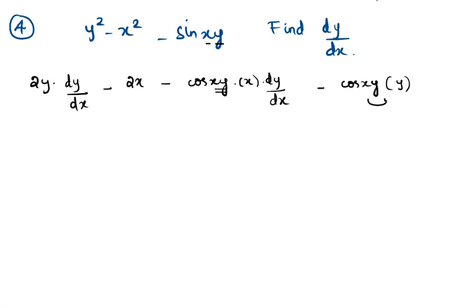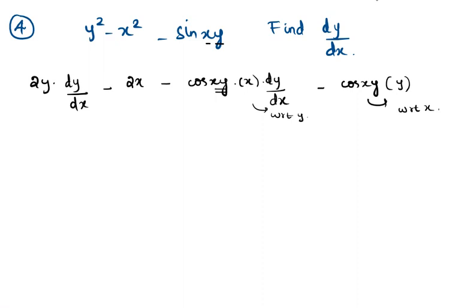So here we are differentiating with respect to x, so here it is y, and here we are differentiating with respect to y. So this will become dy by dx.